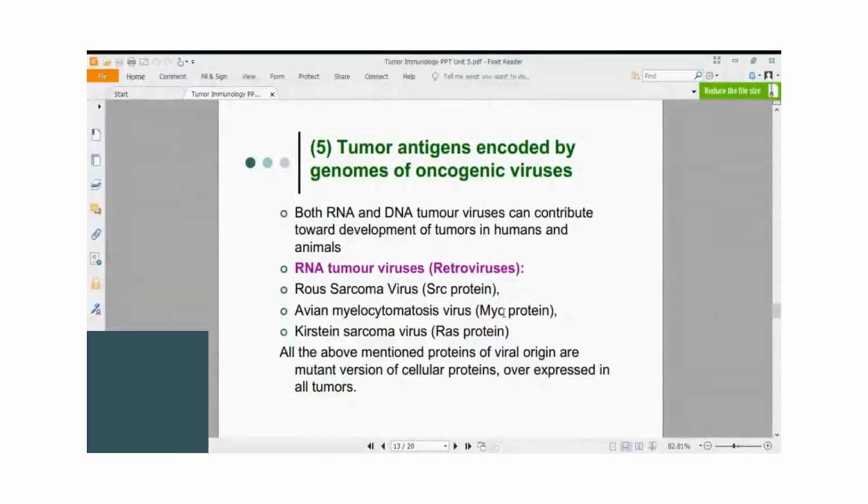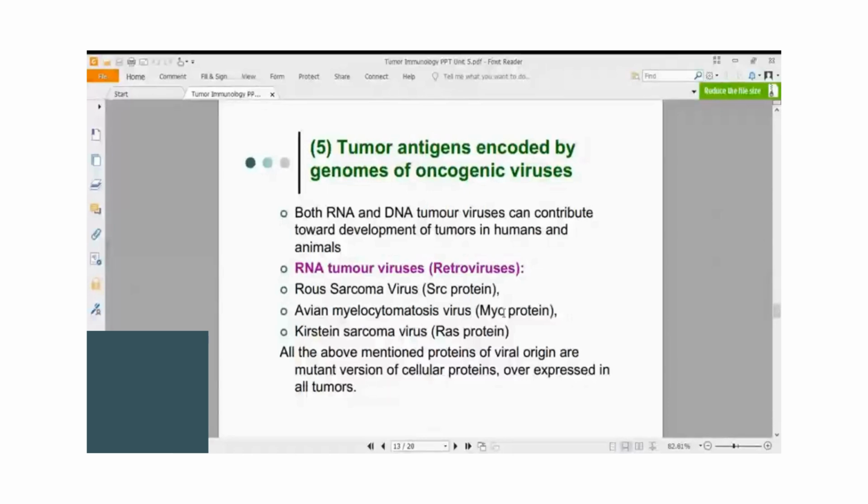But on mutation, it will resemble exactly the avian myelocytomatosis virus gene, and it gives extra ability for the cell to undergo proliferation. It facilitates the cell to proliferate.